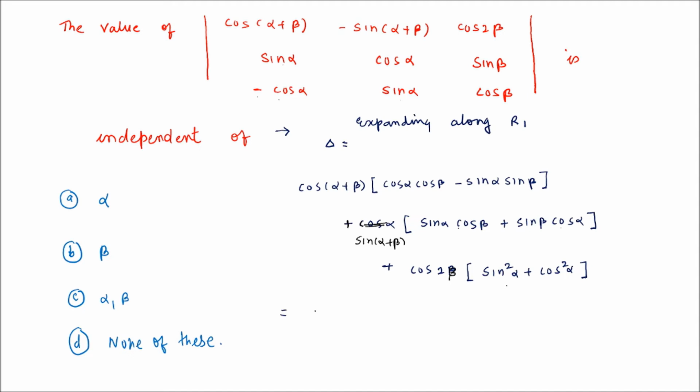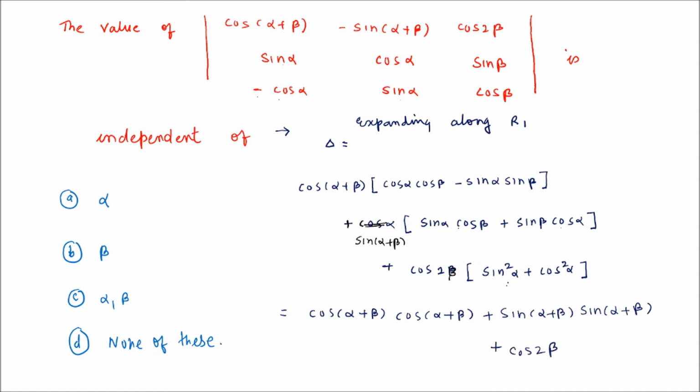So let us write here cos of alpha plus beta into this, cos alpha cos beta minus sine alpha sine beta is cos of alpha plus beta, plus now see here sine of alpha plus beta. This sine alpha cos beta plus cos alpha sine beta, it is nothing but sine of alpha plus beta, plus cos of 2 beta.